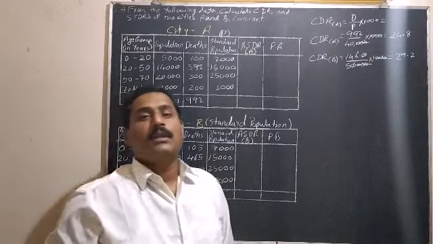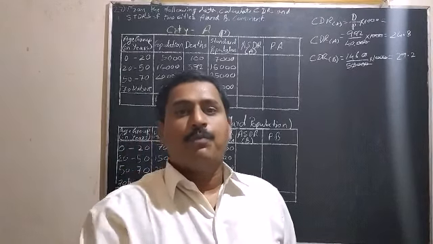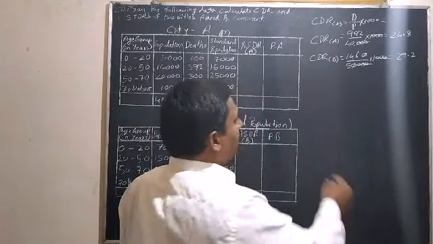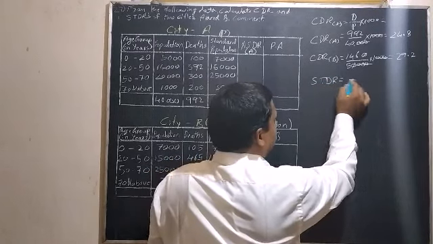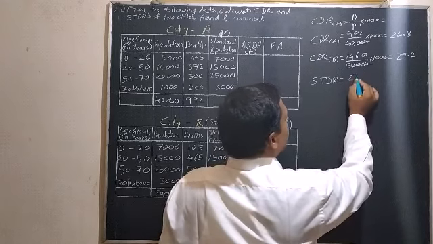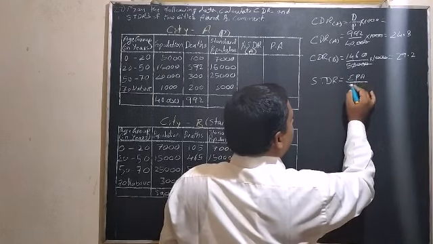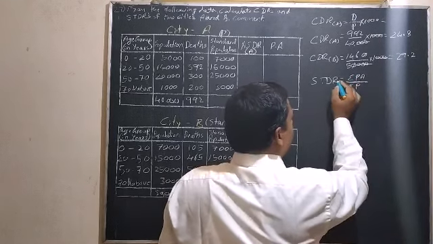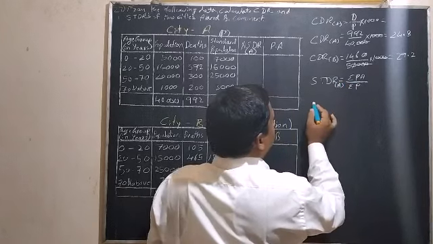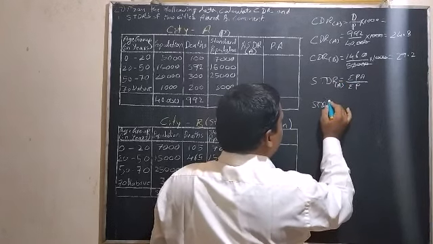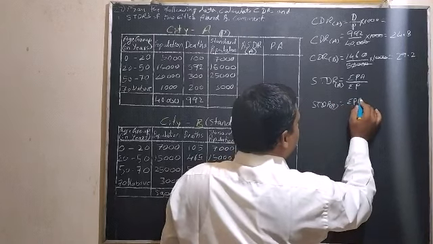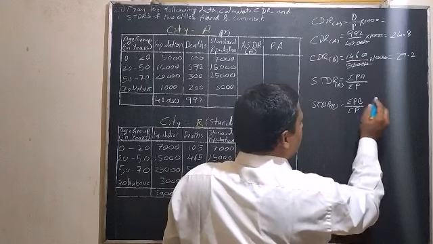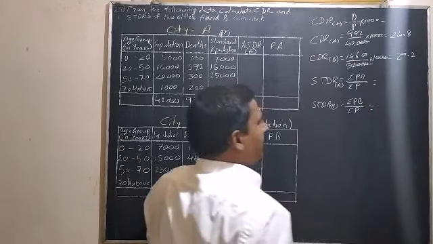And now let us calculate STDR for both locations. And the formula for STDR is equal to summation PA divided by summation P for location A, and STDR for location B is equal to summation PB divided by summation P. So let us calculate them.